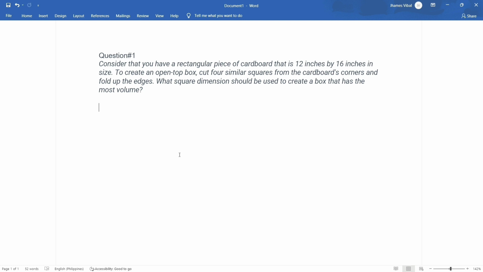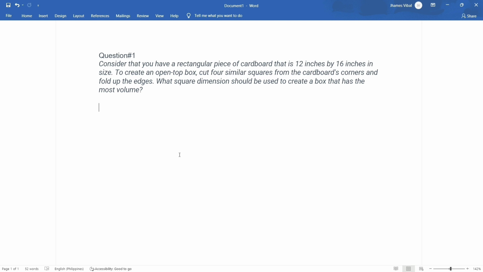Then the constraints are: the width of the box after the corners are cut out is 16 - 2x inches. The length of the box after the corners are cut out is 12 - 2x inches. The height of the box is x inches.